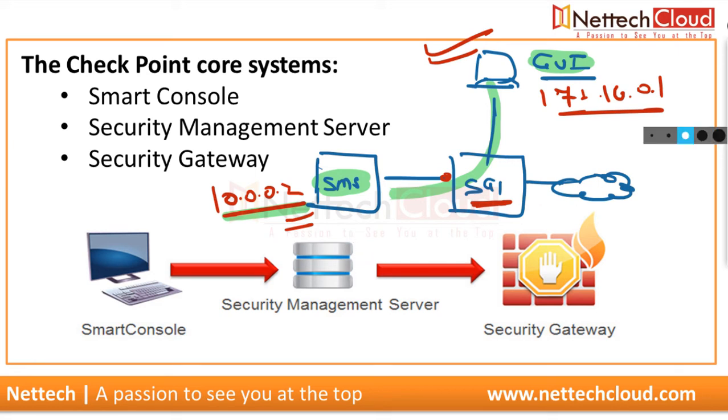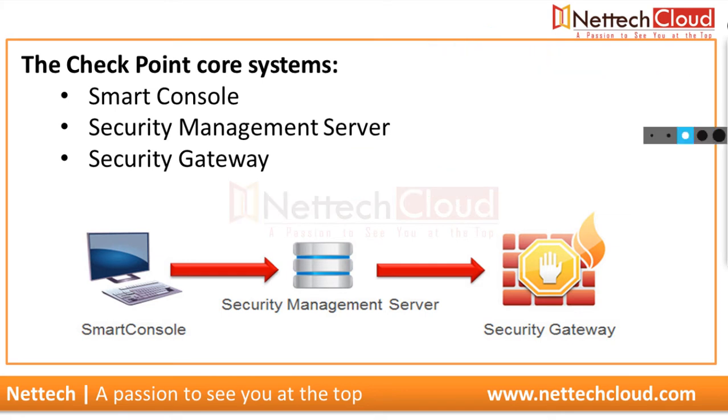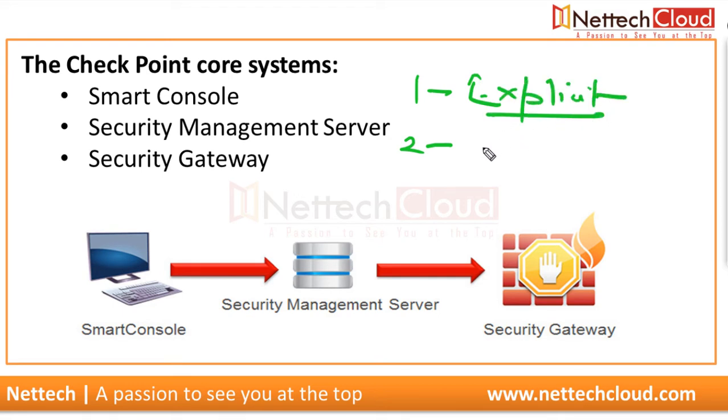Why? Because in Check Point firewall there are two types of security policies. One is created by the administrator, the explicit security policy, and the other one is implicit, default, created automatically, right?